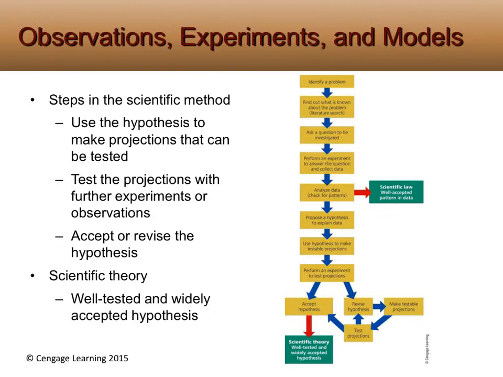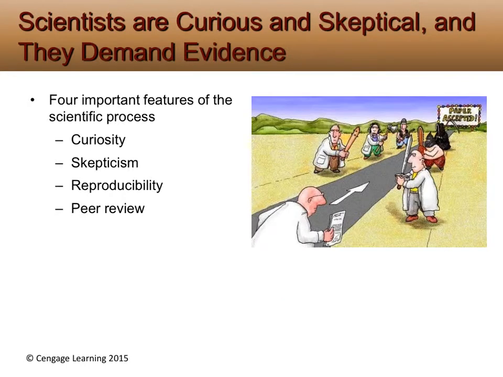If we capture as much CO2 as possible, will that reduce the effects of acid rain in the atmosphere, and of course the long-term effects of that? We test the projections, we accept or revise the hypothesis as needed, and eventually we can come up with a scientific theory. The definition of a scientific theory is a well-tested and widely accepted hypothesis, and we'll talk about that a little bit more soon.